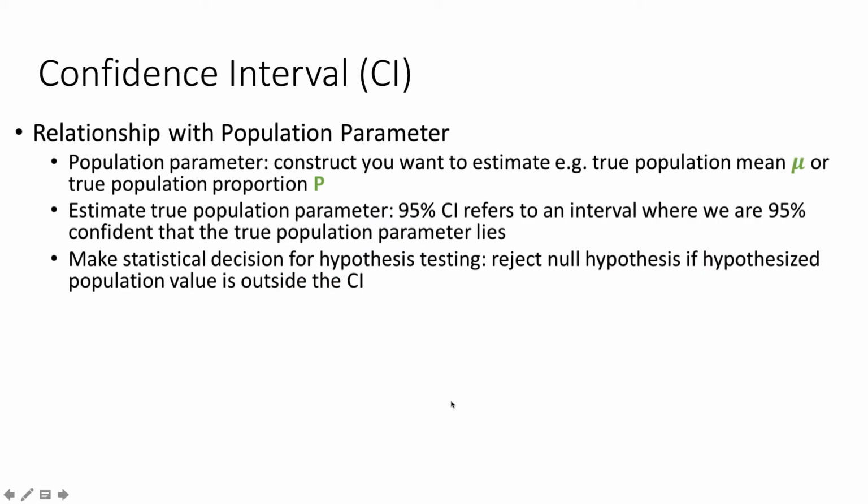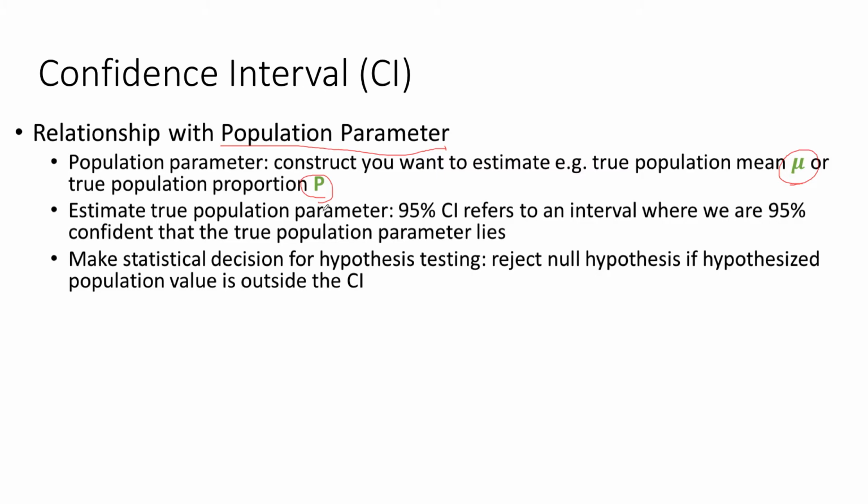Okay, and then the relationship between the confidence interval and the population parameter. The population parameter is something we want. We want to estimate the true population parameter, like mu and p. There's no hat or bar here.